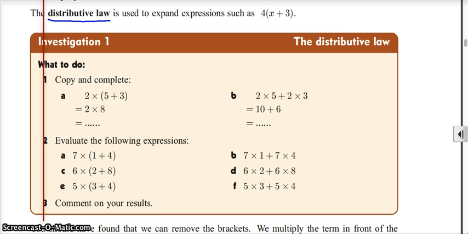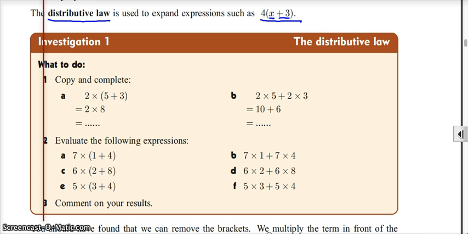So with distributive law 1, with expressions such as these, you've heard me say the phrase, everything outside the brackets affects that which is inside the brackets. So if we look at this, everything outside the brackets affects that which is inside, which is the x and the plus 3.